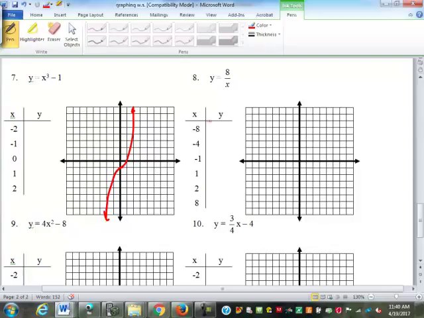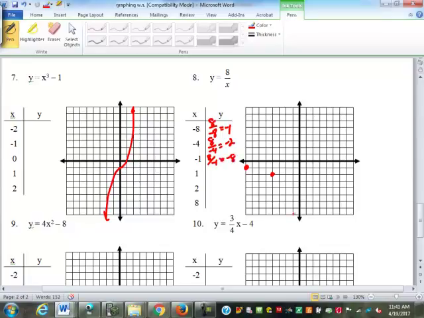If x is negative 8, y would be 8 divided by negative 8, which is negative 1. So we've got negative 8, negative 1, that point right there. If x is negative 4, y is 8 over negative 4, which is negative 2. So we've got negative 4, negative 2. If x is negative 1, y is 8 over negative 1, or negative 8.